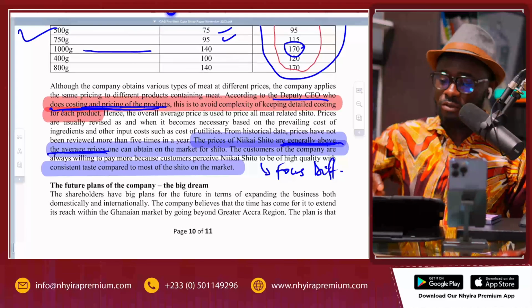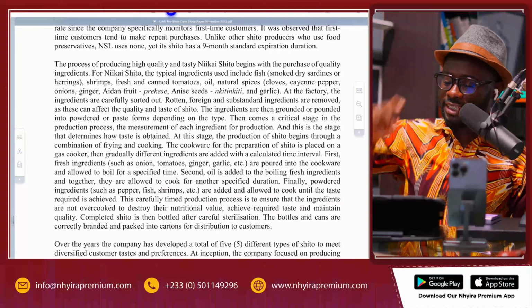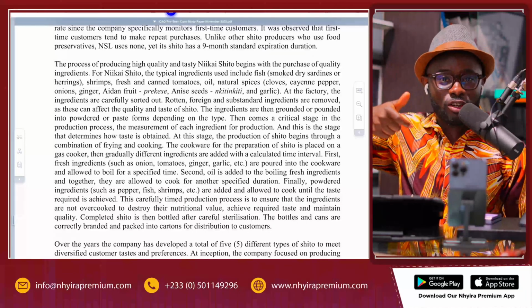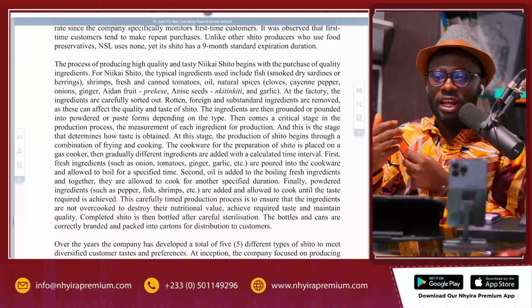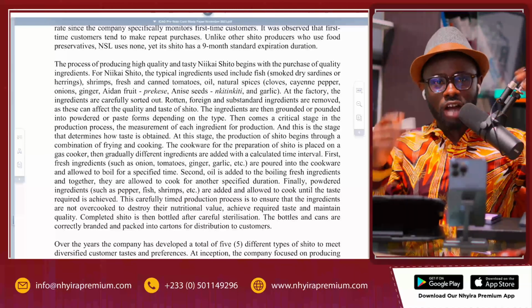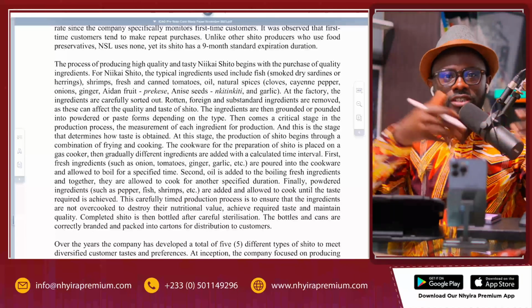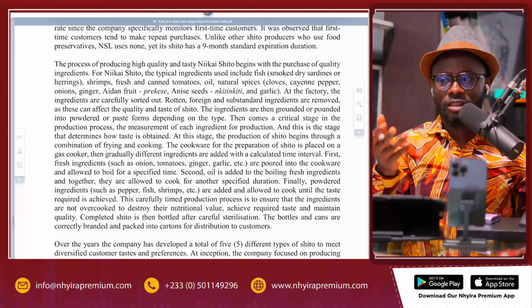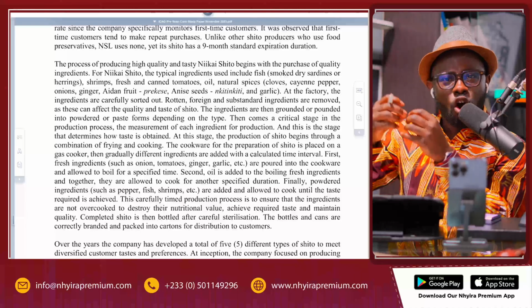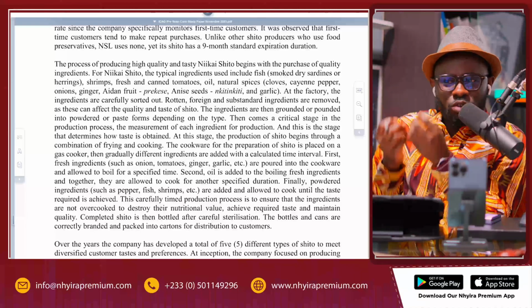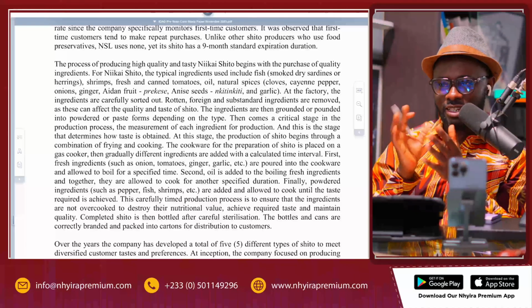That is what makes them focus, rather than going with British, American, or French type mayonnaise and ketchup. They are focusing on the Ghana traditional organic. So that's what makes it a focus differentiation. That's the idea.